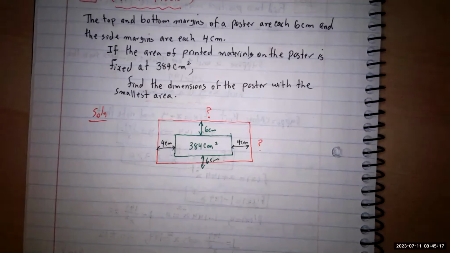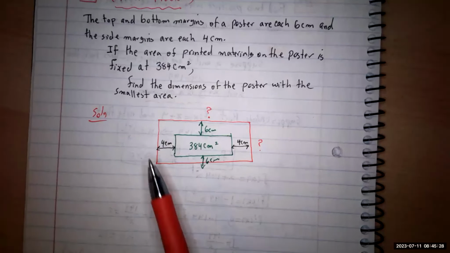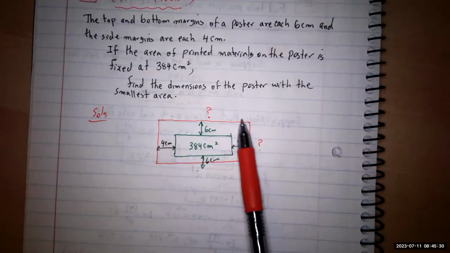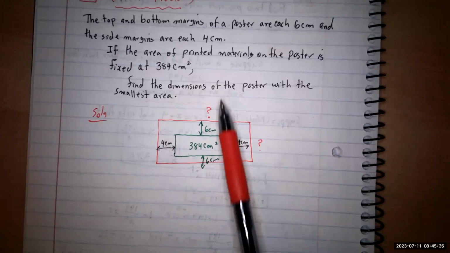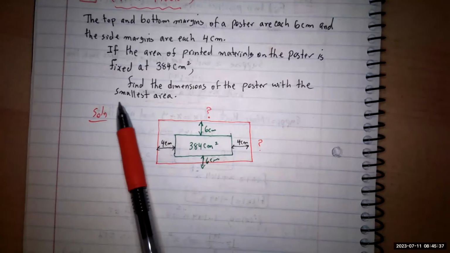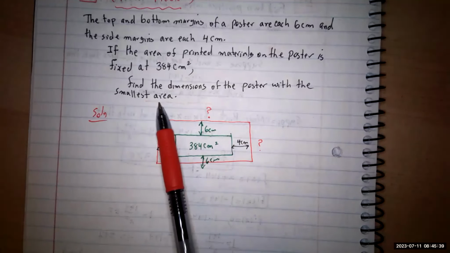Okay. Now, the important part is that we're going to use symbols that represent those dimensions. You have two choices. Some people go with X for this one and Y for this one, and then the area is X times Y, and they try to find the minimum of this.